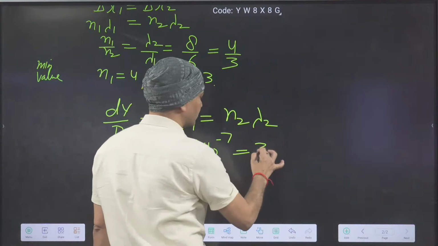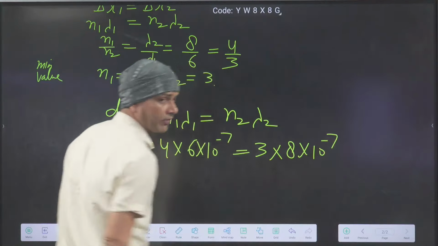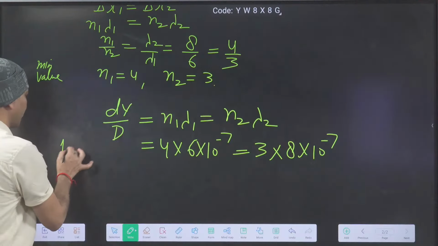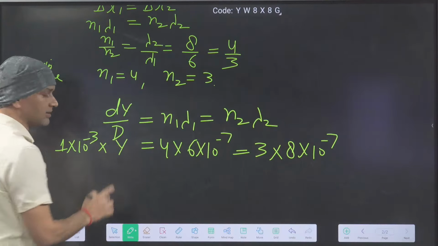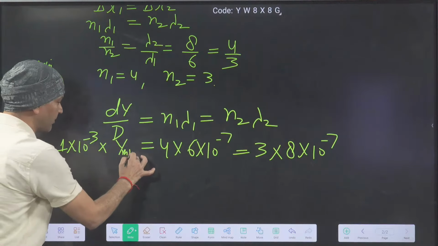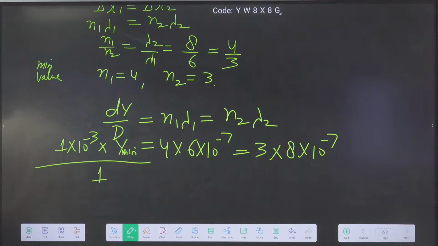Otherwise, if you are using N2, then 3 into 8 into 10 to the power minus 7. Small d I gave is 1 millimeter, which means 1 into 10 to the power minus 3. Y I am asking, distance I am asking, so this is the Y minimum. Upon capital D, what I gave? 1 meter. After solving, you will get the minimum distance. Everybody got it or not?